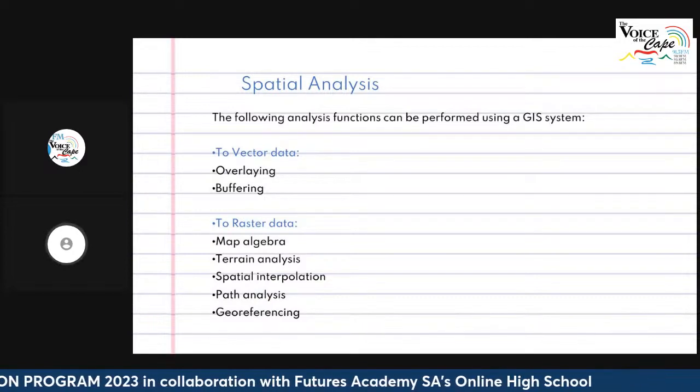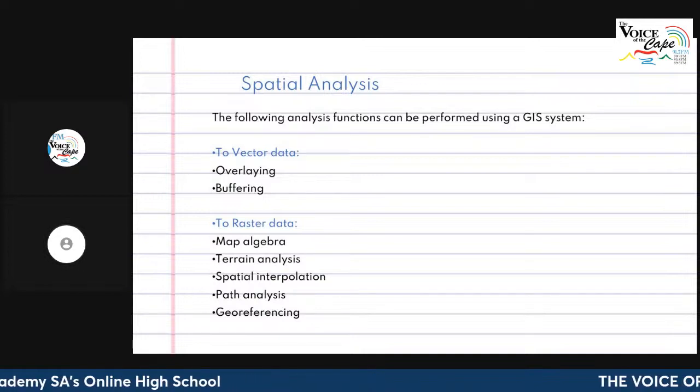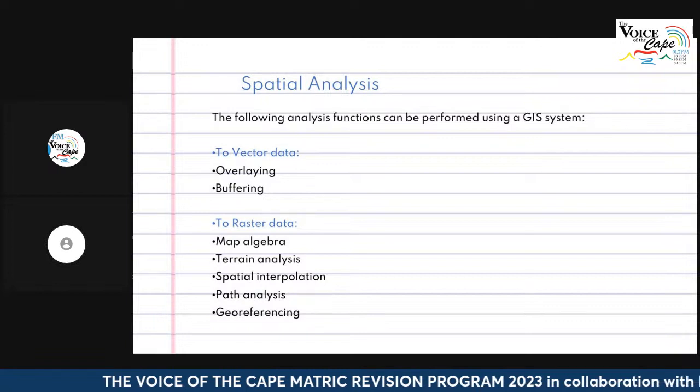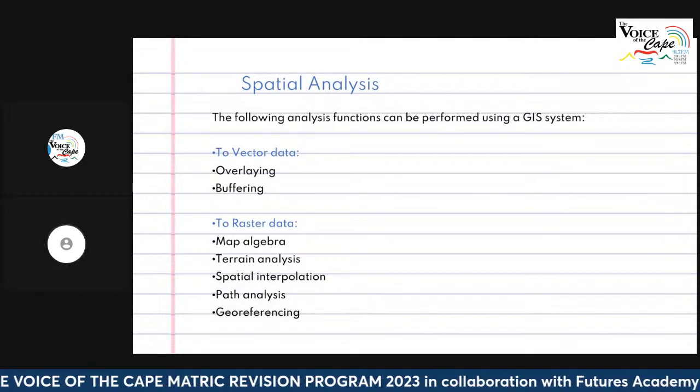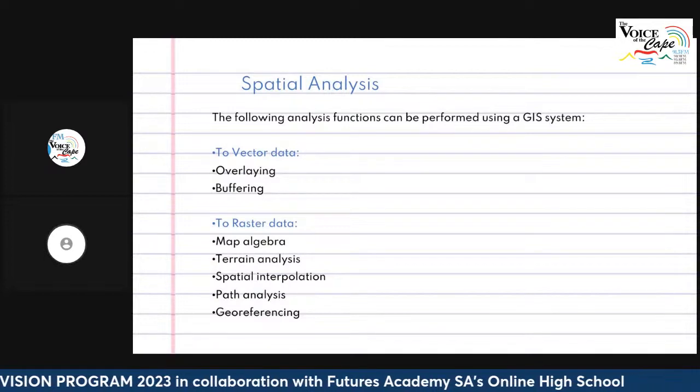In terms of spatial analysis, a GIS system can perform two things. In terms of vector data, we're talking about the topographical map. We can overlay. Remember those layers? The topographical map can do that very clearly for us.